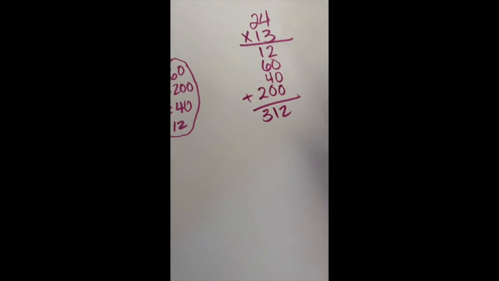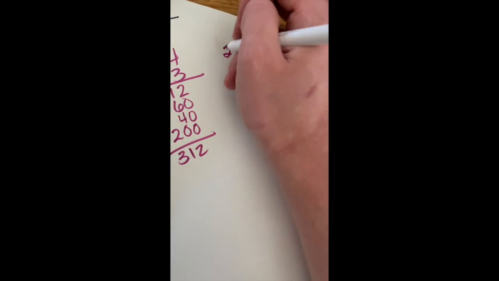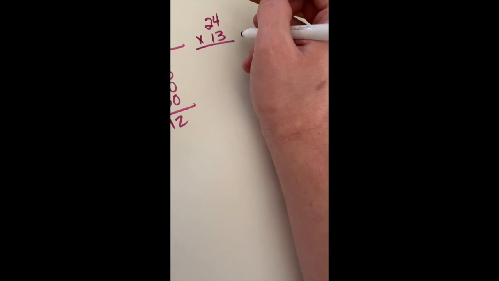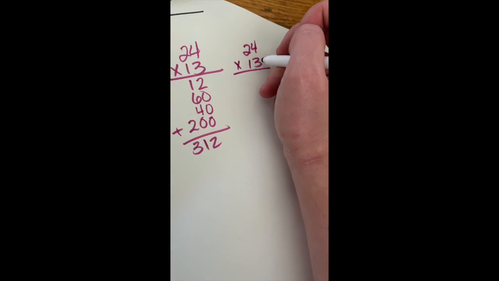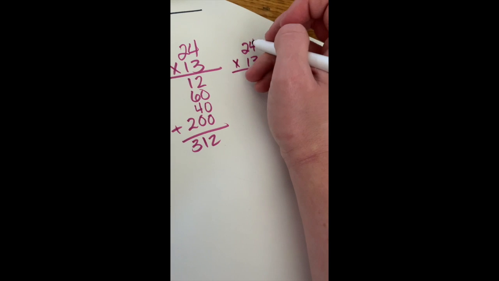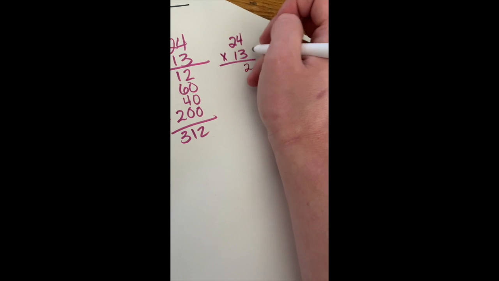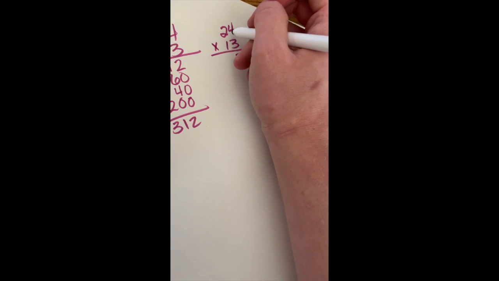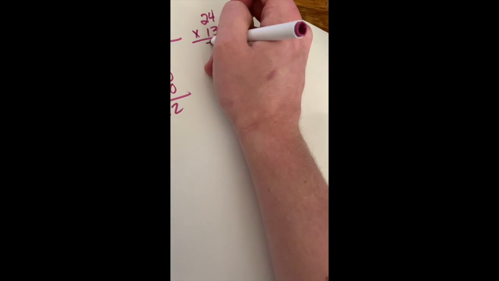The third method that we can do I feel is a little weird, but some of you might find this easy. We do 24 times 13 again. Rather than breaking it up into partial products, we would say 3 times 24. If we have 3 groups of 24, how much would that equal? So we do 3 times 4, which would be 12. 3 times 20 would be 60, and then we have that 10 left over from our 3 times 4, so that would be 72.